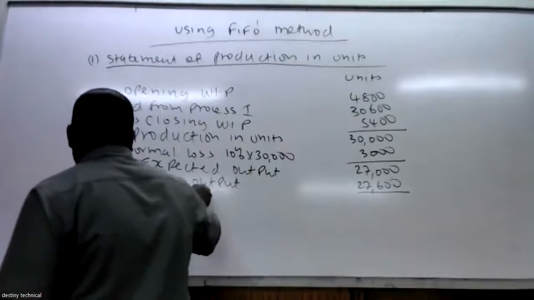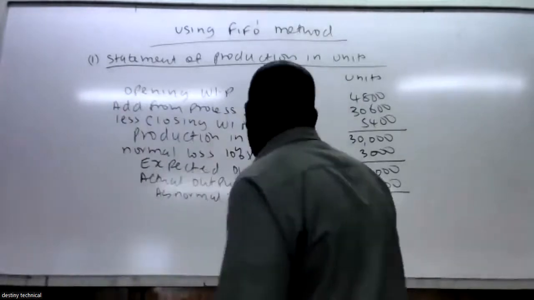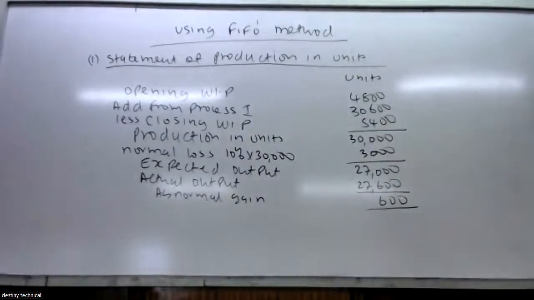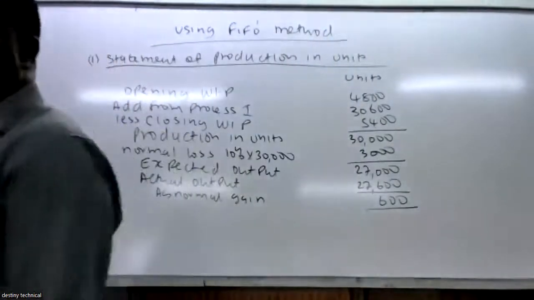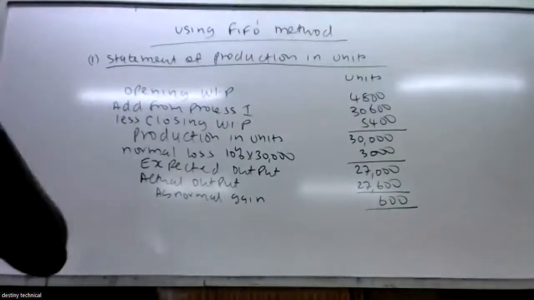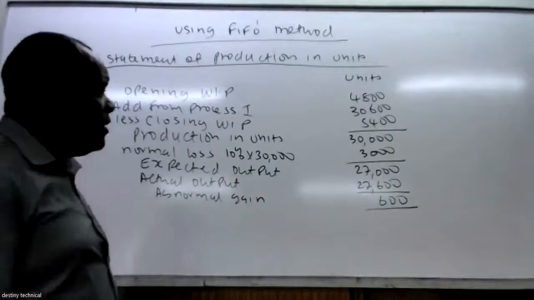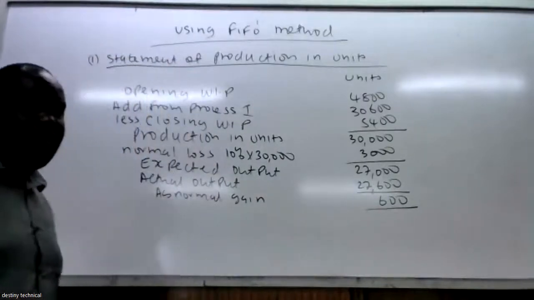You have abnormal gain of 600 units. So step number 1 is meant to enable you to know whether you have abnormal gain or abnormal loss.